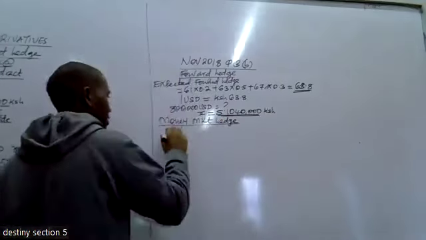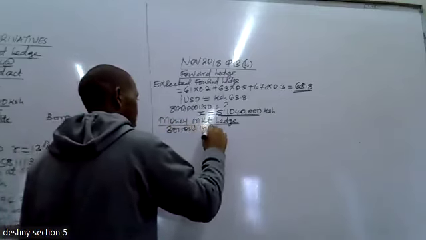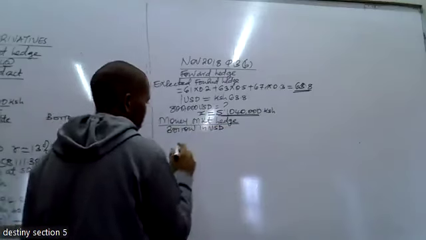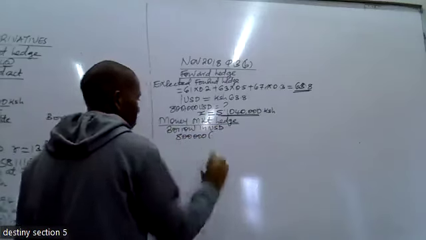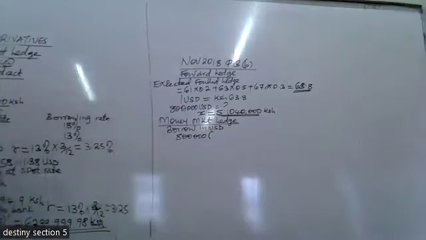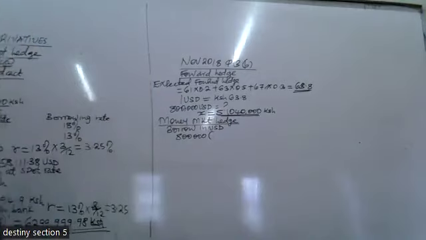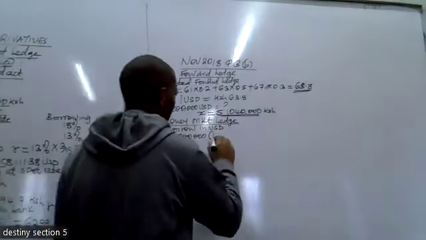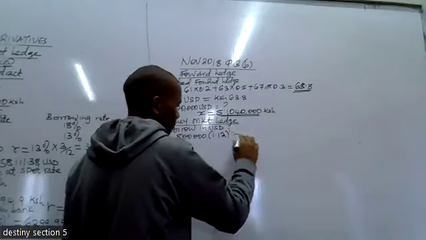In money market hedge, we borrow in what? In USD. It will be 800,000. What was the borrowing rate in USD? So it's 1.12. This is per annum. Remember, it was 1 year.